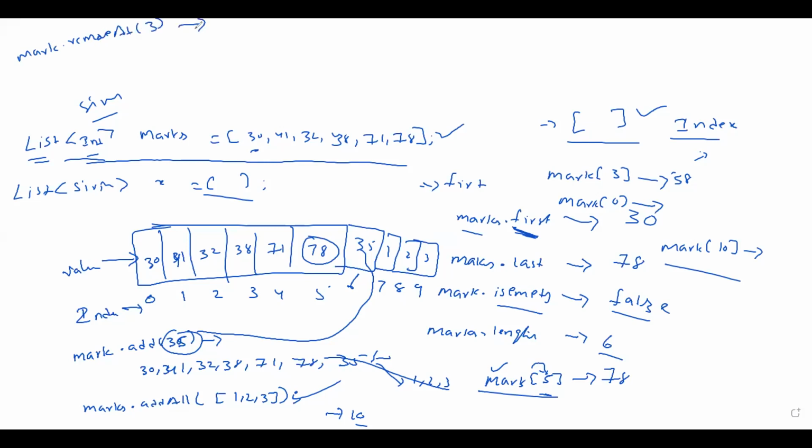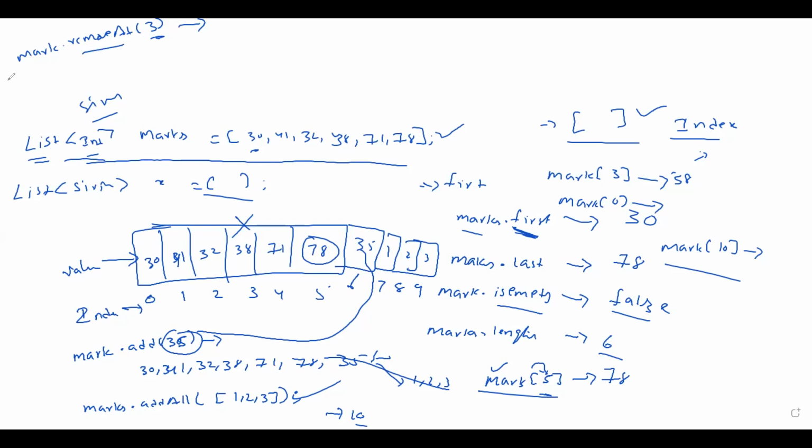Which value is removed? The remove method removes items from the list. In the third index, the value is 38, so 38 will be removed from the list. Now what is the length after removing the item? 9. The last index is 8.